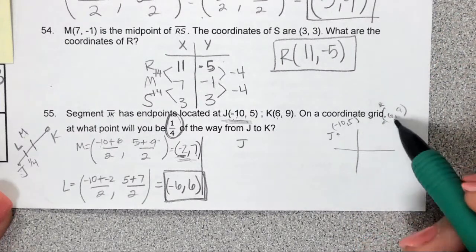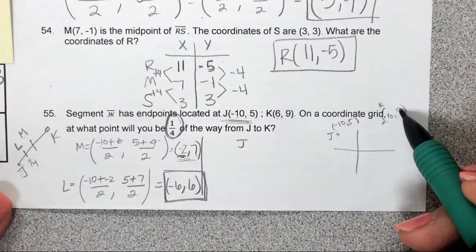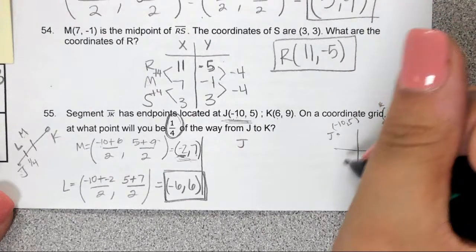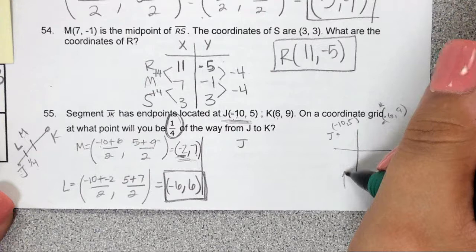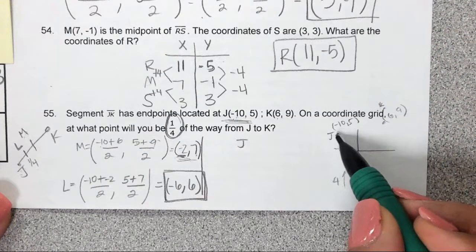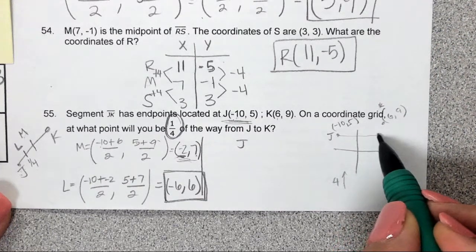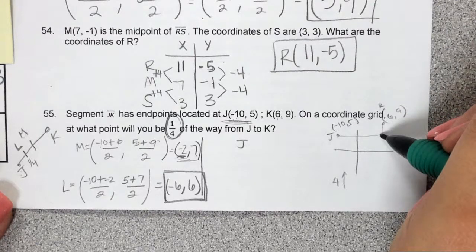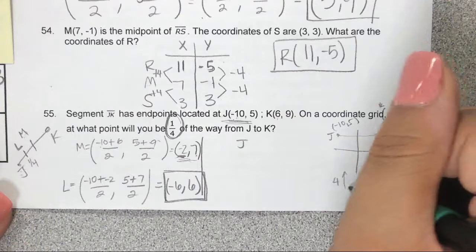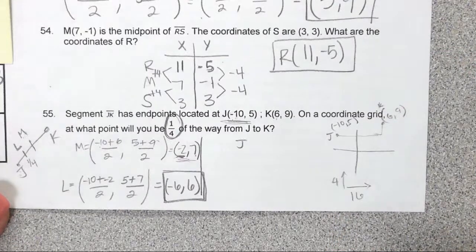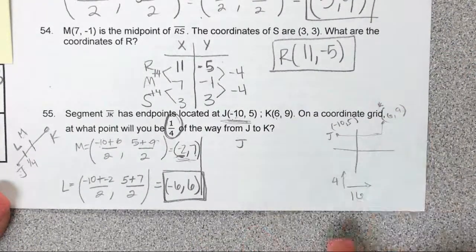If I'm at 5, how much would I rise to get to 9? I would go up 4. So it's kind of ugly, but I'm going to go up 4. And then how much am I going to run if I'm at negative 10 and I want to go to 6? Right 16. Do you agree? Going up 4, right 16.